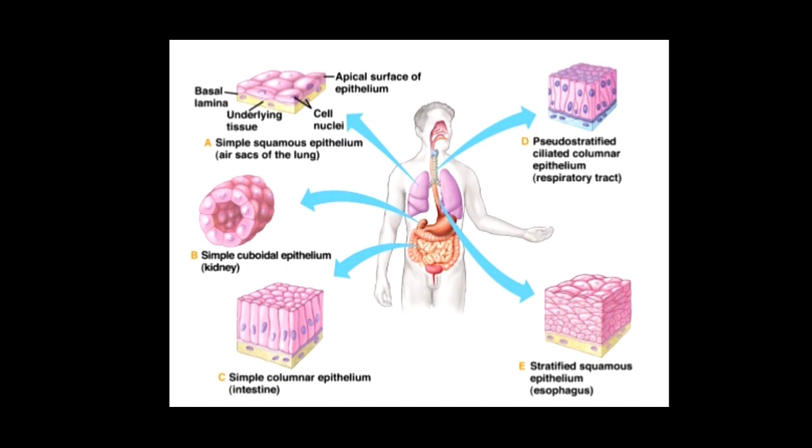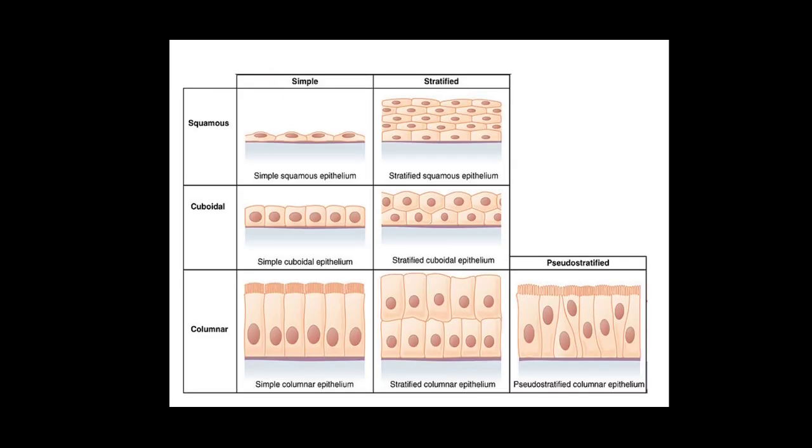Then, for example, in your taste buds or in your nose, you have some sensory epithelium which are sensing the taste and the smell respectively. So a lot of other examples of epithelial tissue are also there. Here is a small picture I liked which shows you all the different types, just for easy remembering.